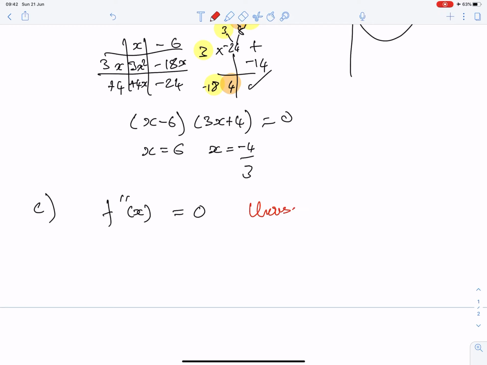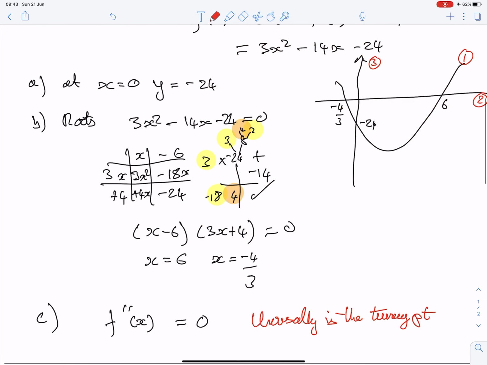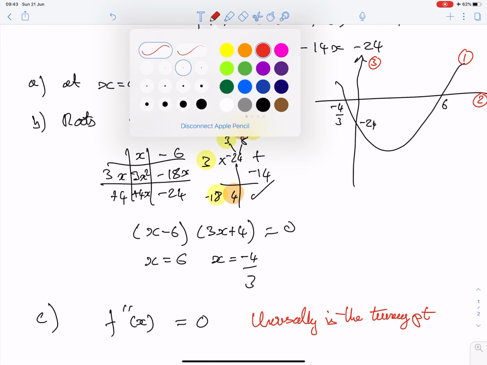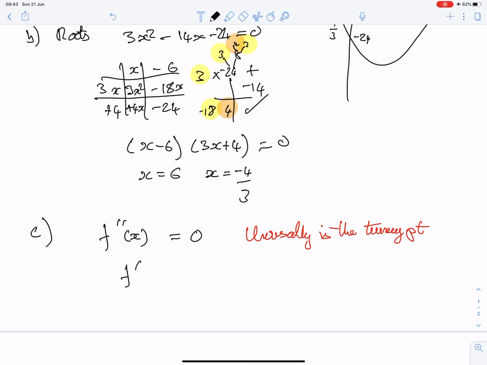Unusually, that is the turning point. It's really testing your understanding of what you're doing. So f double dash of x is equal to 0. Let's write down f dash of x so we can see it here.